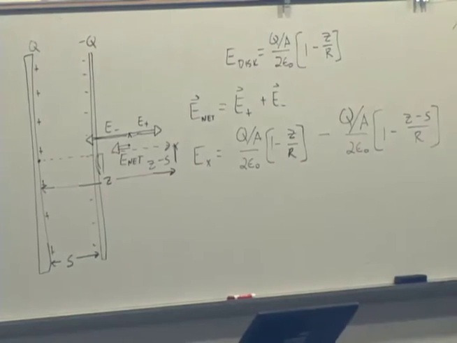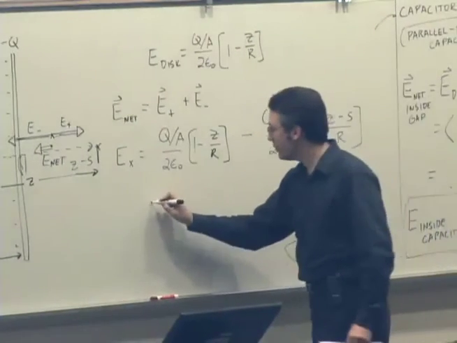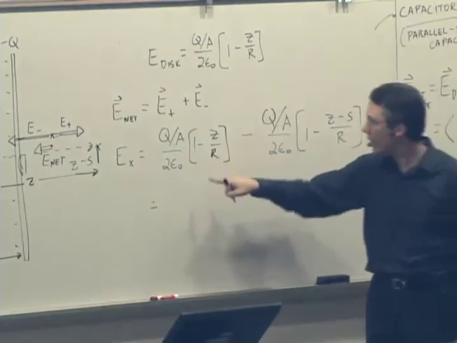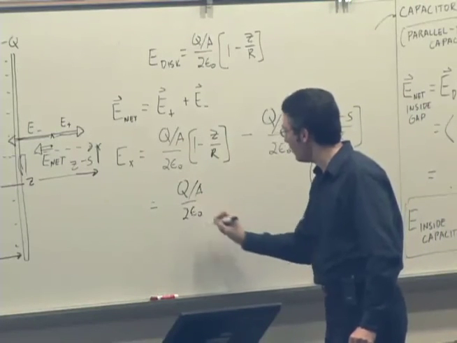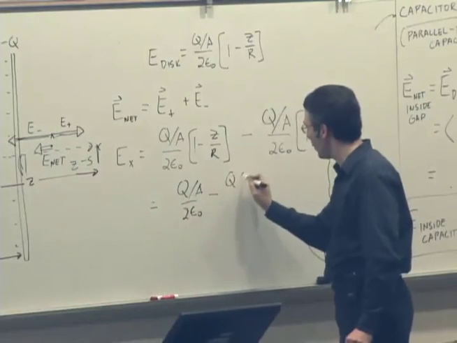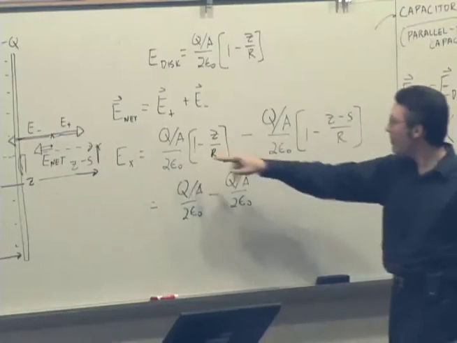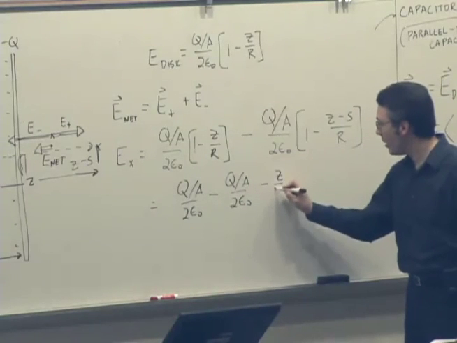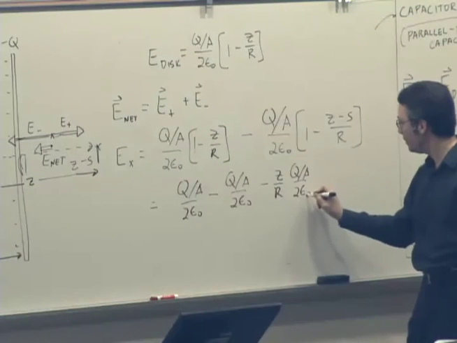And if you work this out, what are we going to get? We're going to get some things canceling out. The Q over A over 2 epsilon 0 minus Q over A over 2 epsilon 0, essentially that factor of 1 and minus that factor of 1. We have minus Z over R times Q over A over 2 epsilon 0.